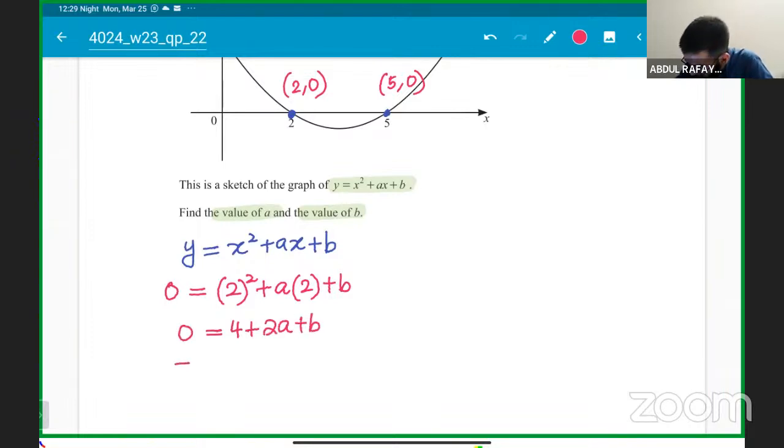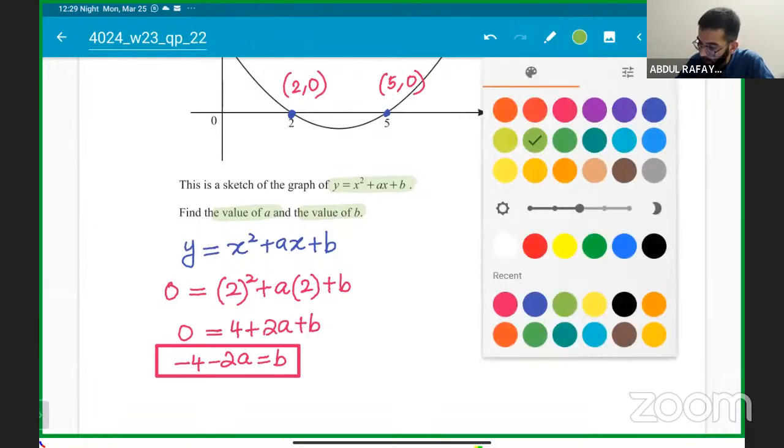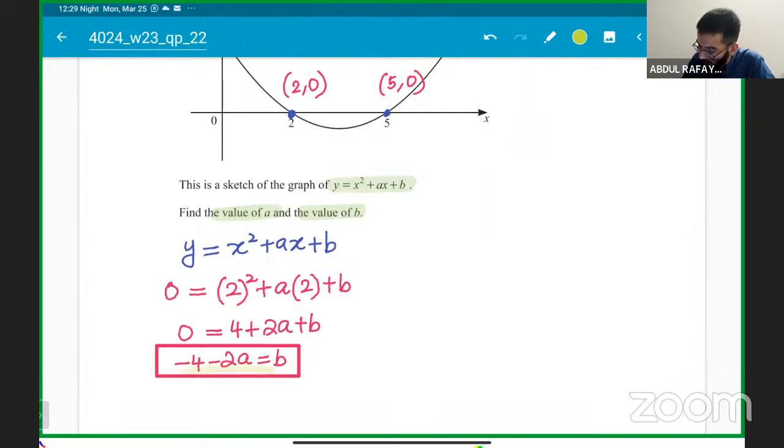So you can say that b equals minus 4 minus 2a. I have made b the subject from here, so we got the b value.